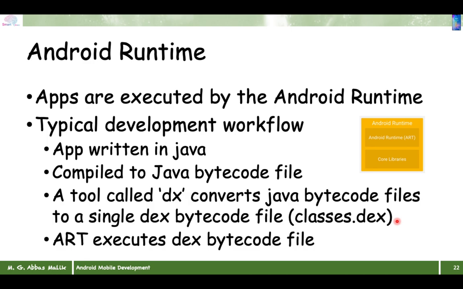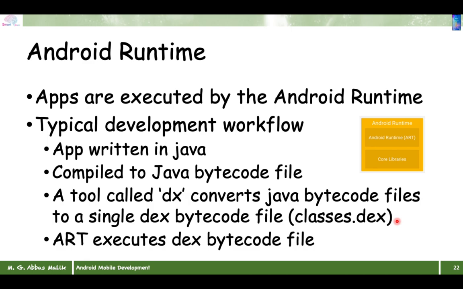Again, apps are executed by the Android runtime. In the typical development workflow, we write the app in Java, which is compiled to bytecode files, and then a tool called the dex converter converts the Java bytecode into a single DEX bytecode file.